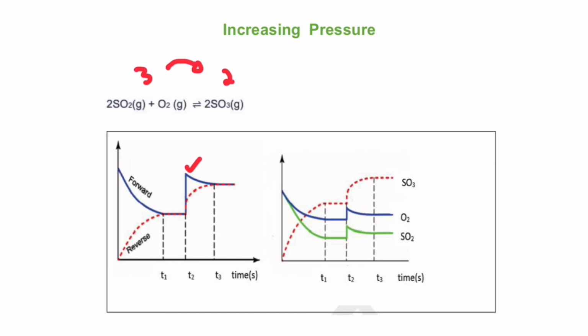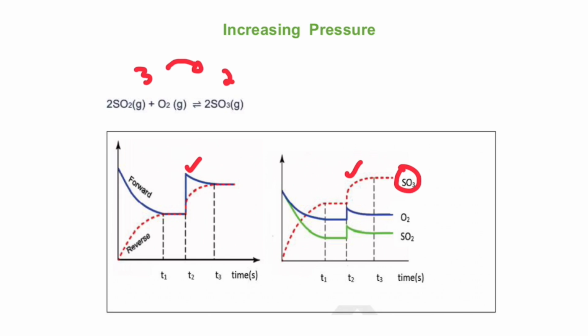So the concentration of SO3, we can see that it shoots up here at time T2. Okay, and then now let's look at the concentration of O2 and the concentration of SO2. Something is happening there. They both shoot up, right? And they're shooting up at the same time as the concentration of SO3 is going up.